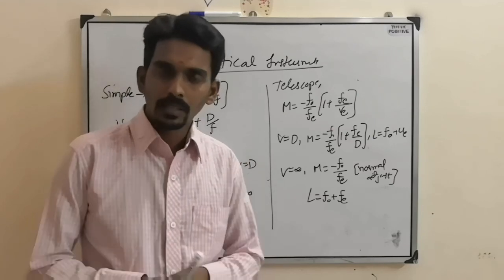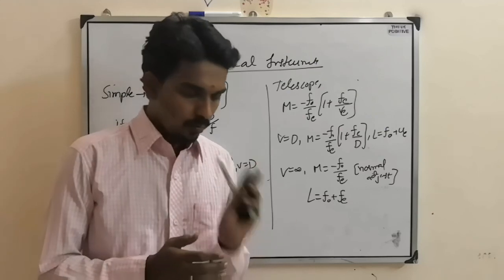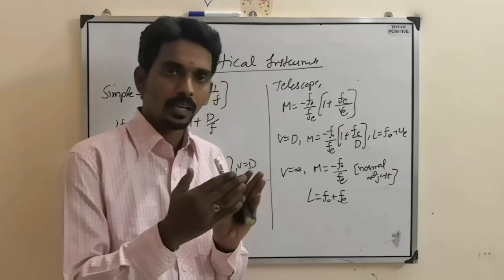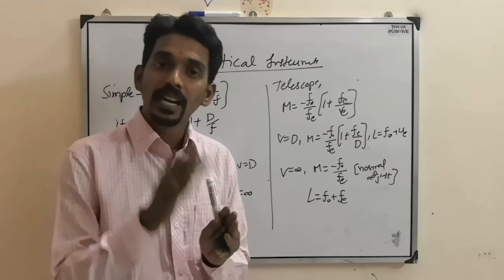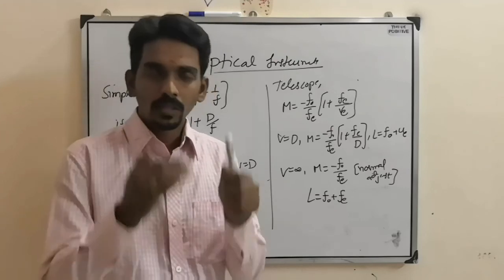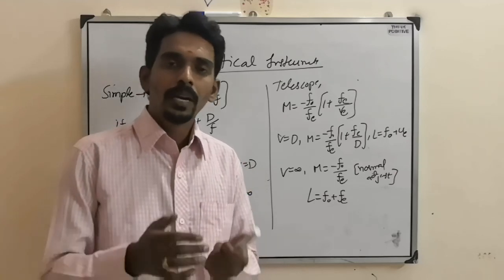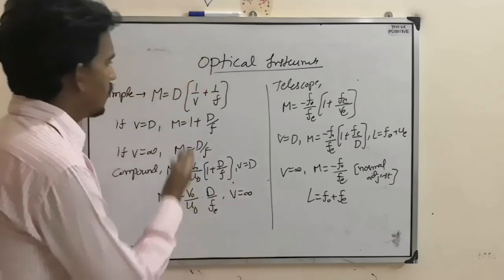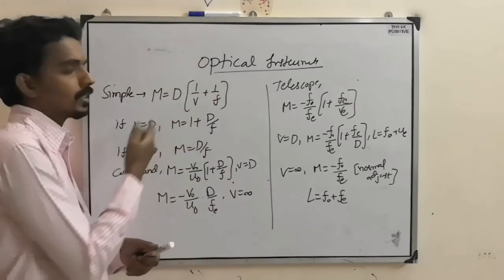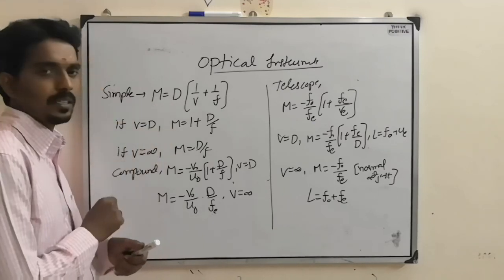So for a convex lens, when you take the object between focus and optical center, you will get a virtual, erect and enlarged image. That is the case we consider in a simple microscope, where the magnification is minus v by u, but we will apply it in terms of this formula, where capital D is the least distance of distinct vision.